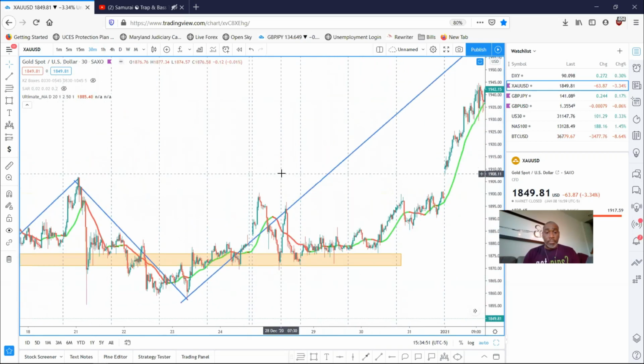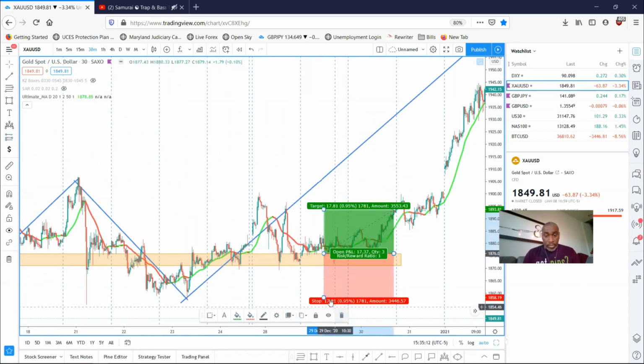You will set a buy entry, whether you want to do a market execution, a buy stop, or even a buy limit. So your entry will be here.